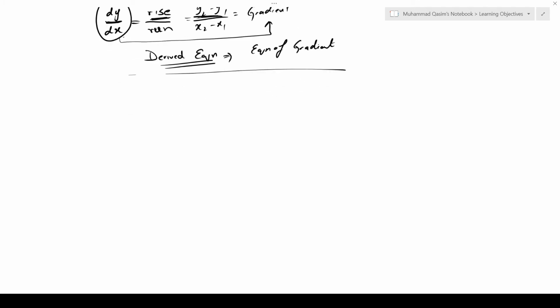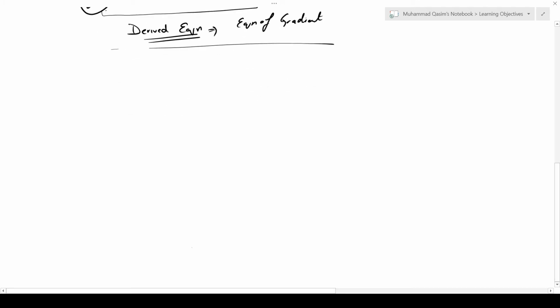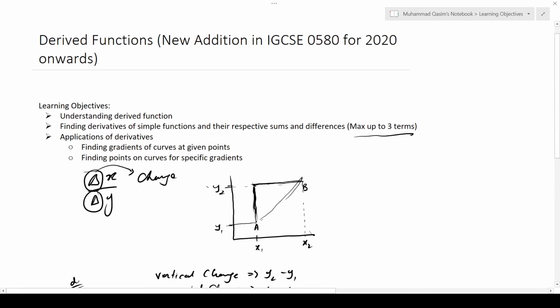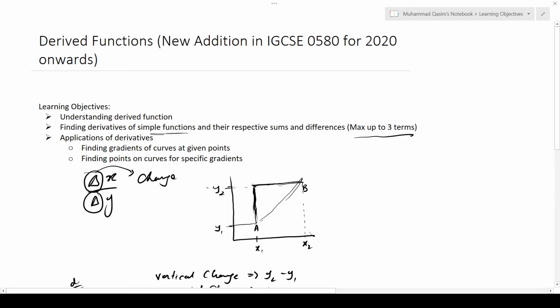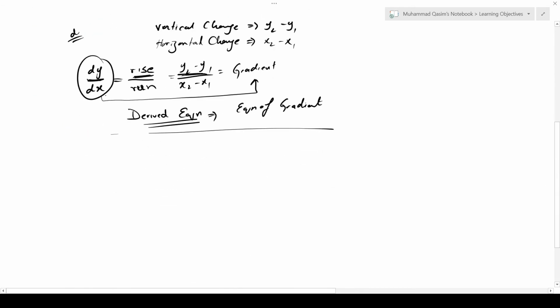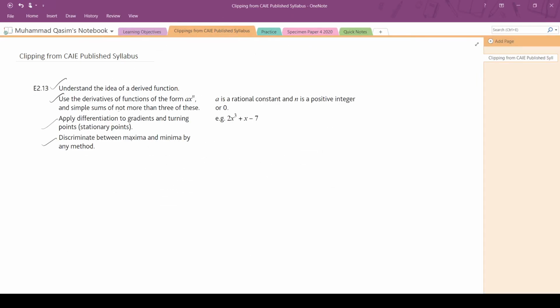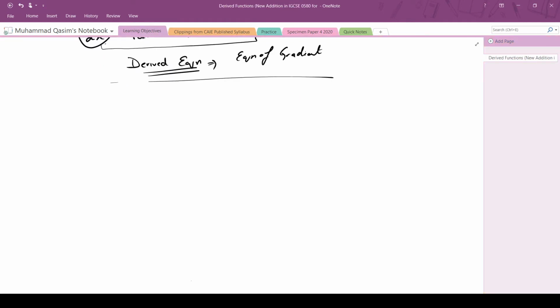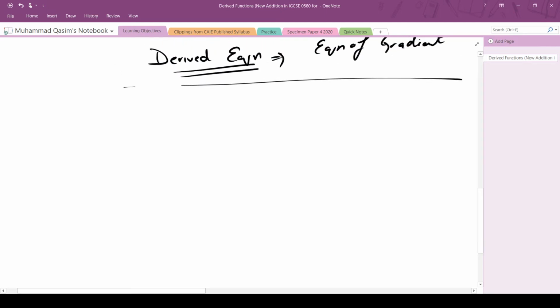Now, how do we actually find the gradient's equation or the derived equation? If you refer back here, simple functions, and from the Cambridge clipping, use the derivatives of functions of the form ax to the power n. This is how I'm going to do it.